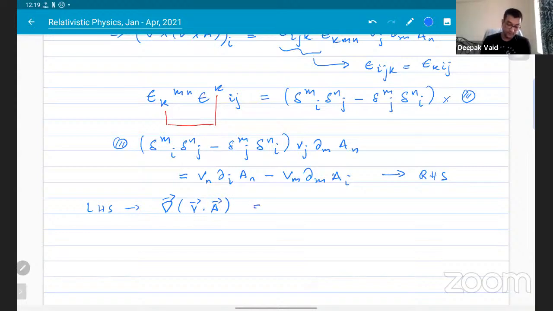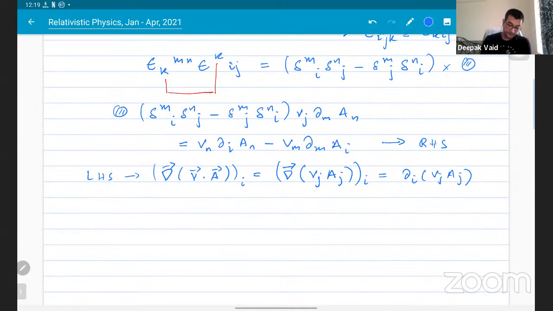So this can be written as gradient of V_j a_j, right? And the ith component of this will just be d_i of V_j a_j. Right, so that will give you V_j d_i a_j plus a_j d_i V_j.